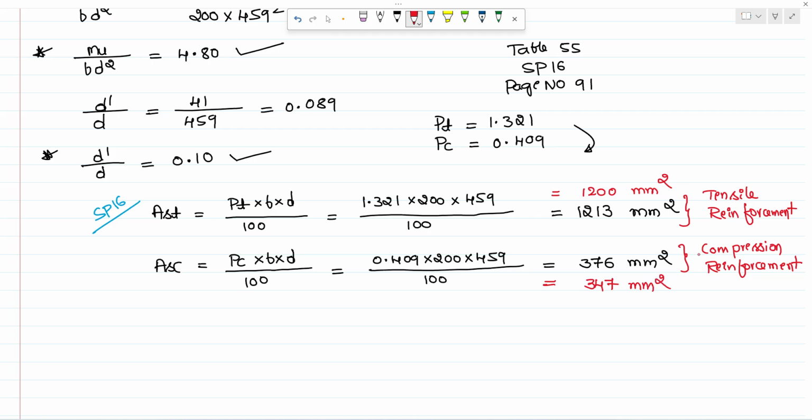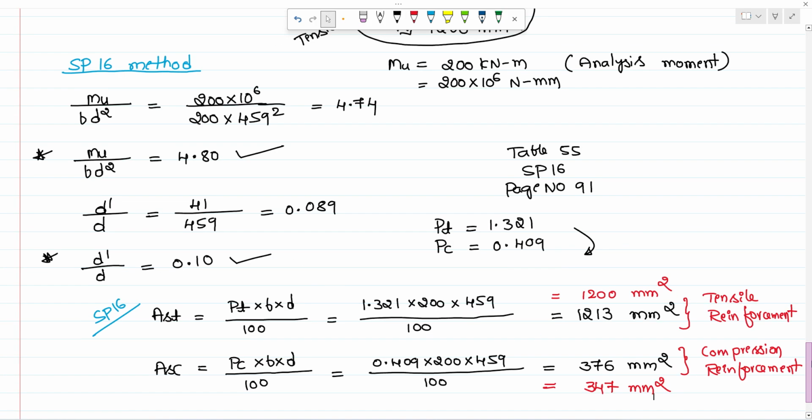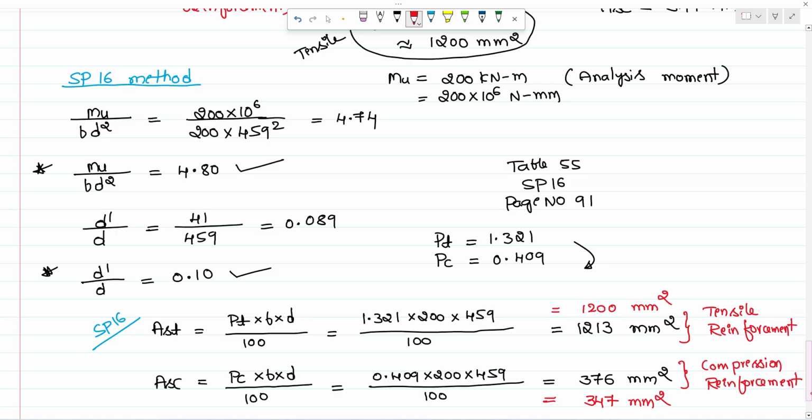So there is a slight difference. Again, this is because of your Mu by BD square value. Your actual Mu by BD square is 4.74. I rounded up this Mu by BD square value to 4.80.